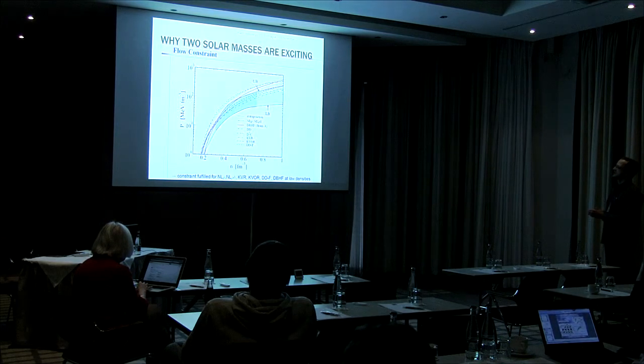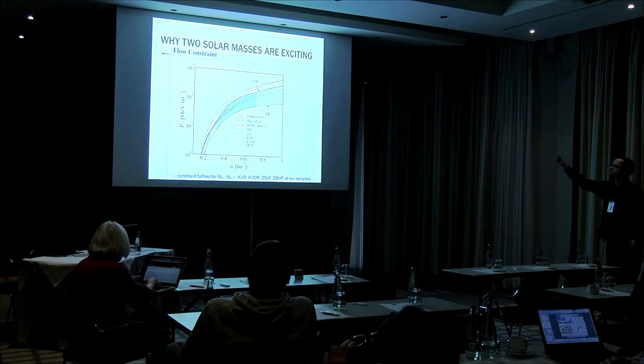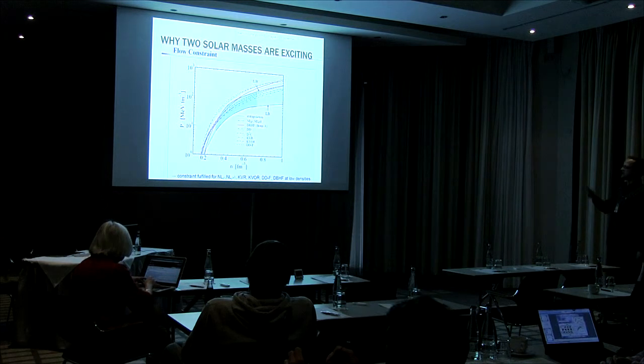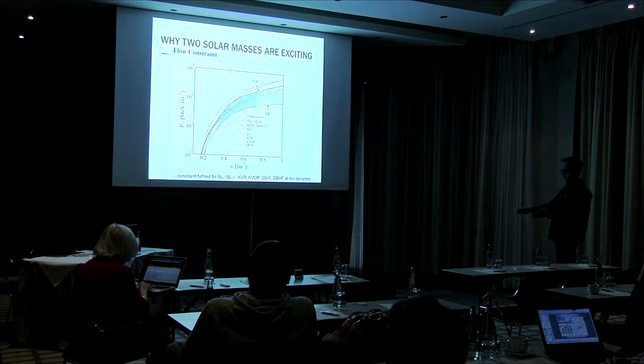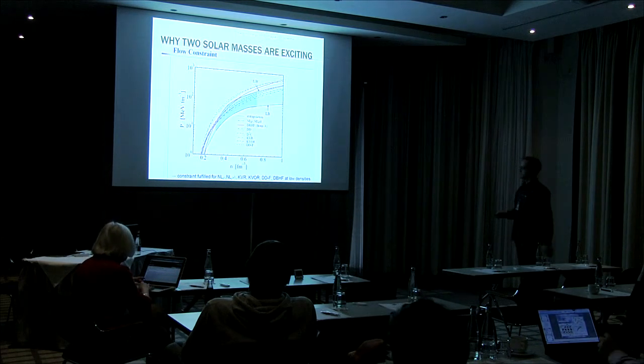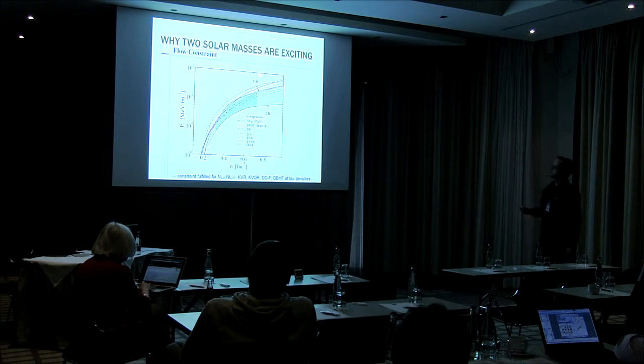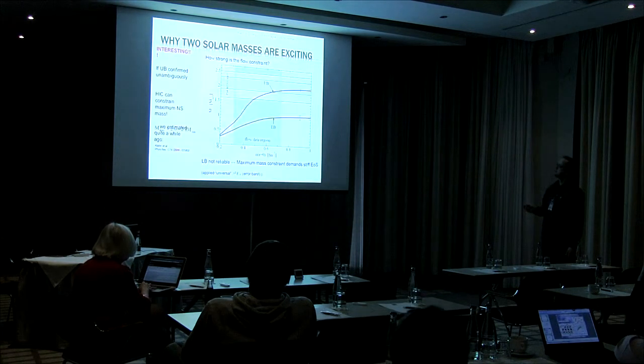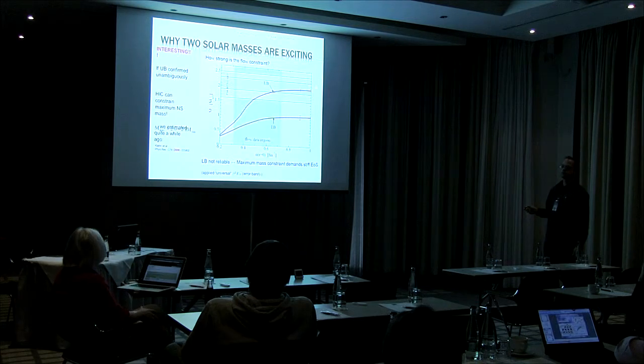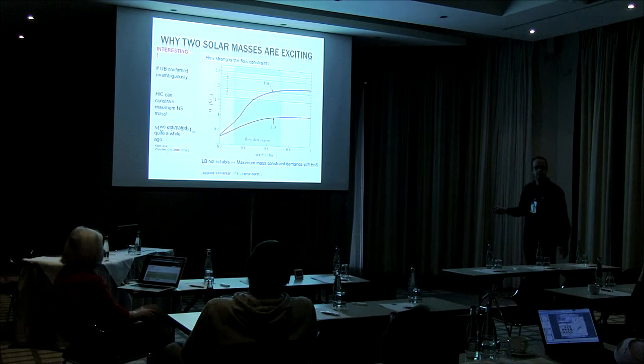If you just take this upper bound here, construct an equation of state from that by just drawing it, add some asymmetry to it, since we want to go to neutron matter, and you calculate neutron stars from it, along that upper boundary you end up with a maximum mass of about 2.1 solar masses. That's just going along the upper line. It's not an estimate of what the actual upper mass could be because you have different trajectories through that region. But this is what heavy ion collisions show if you take them in a very naive way.